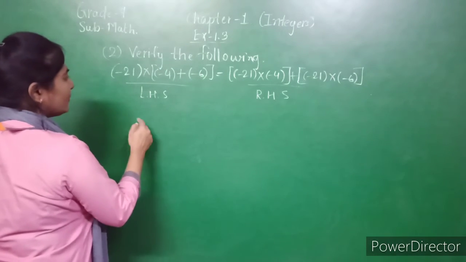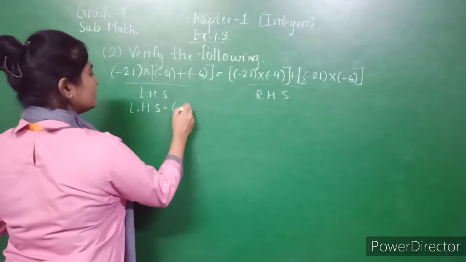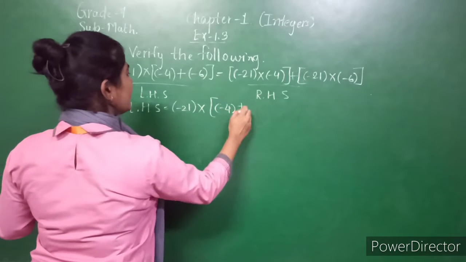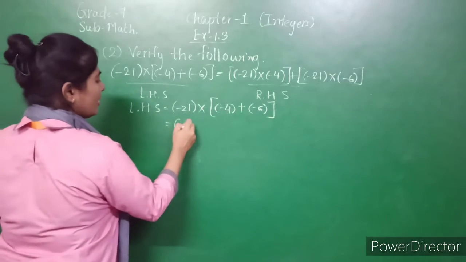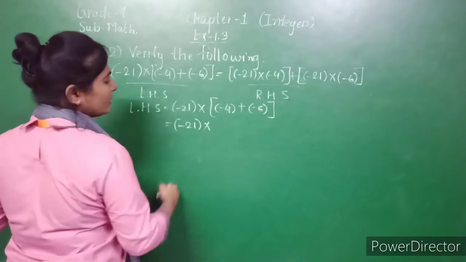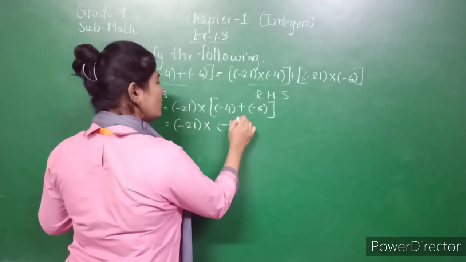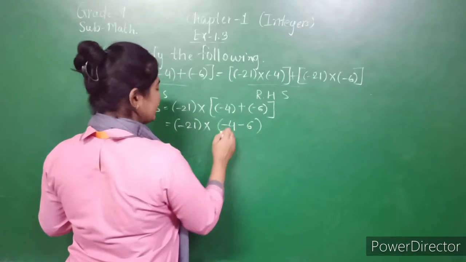So first of all we have to prove the left hand side. So we write LHS equals minus 21 into, in one bracket minus 4 is there plus minus 6 is there. So it is minus 21 into, first of all we have to solve this bracket. So it is minus 4 plus minus 6, it is minus 10.